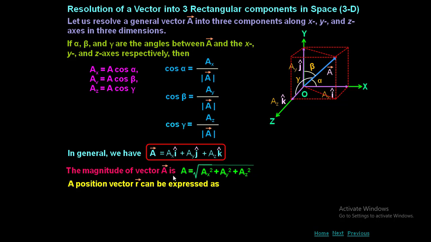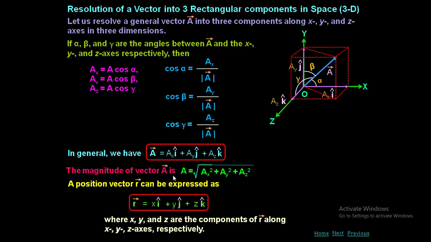A position vector R bar can be expressed as R equal to x i cap plus y j cap plus z k cap. We have discussed this in the beginning of the chapter while introducing a position vector, where x, y and z are the components of R bar along x, y, z axis respectively.